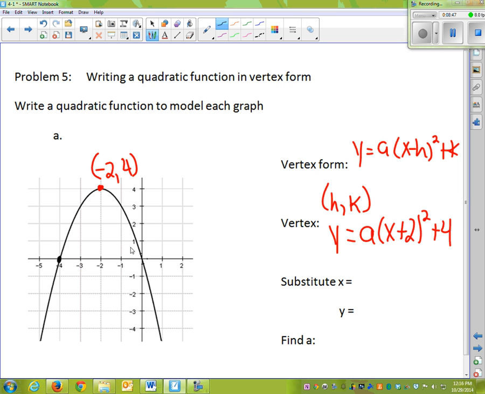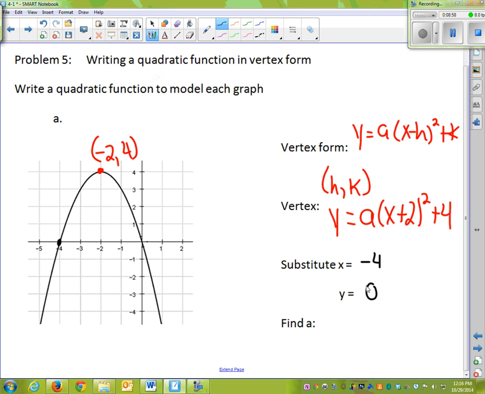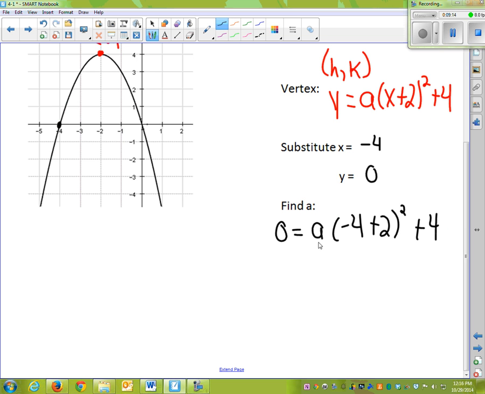I could also have chosen 0, 0, but I'm going to do x is -4 and y is 0. So let's put those into our equation. So 0 equals a times (-4 plus 2) squared plus 4. Now I can solve for a.